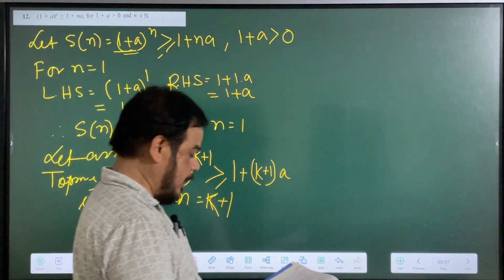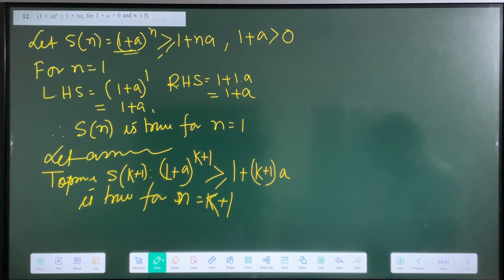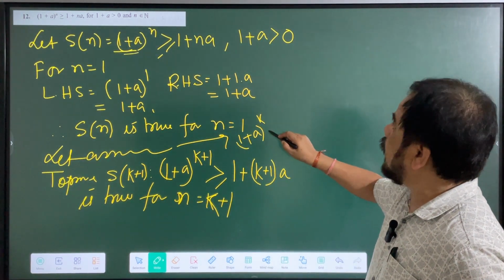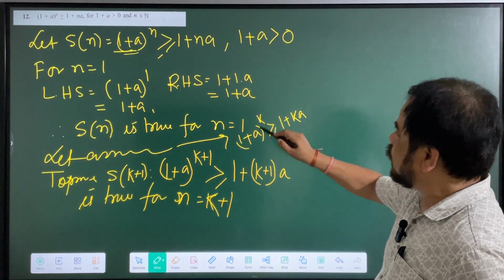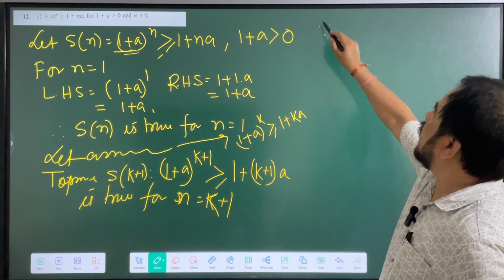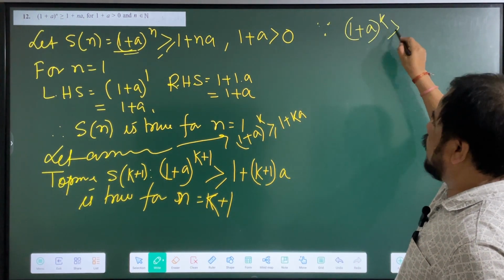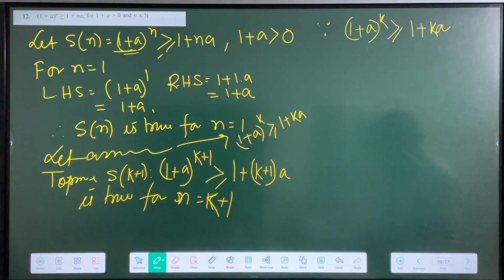Now we will do the sum. Here we have to write 1 plus a to the power k greater than or equal to 1 plus ka. This is for Sk. This is what we will start from here.